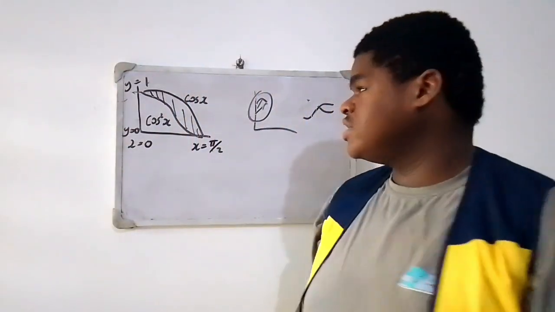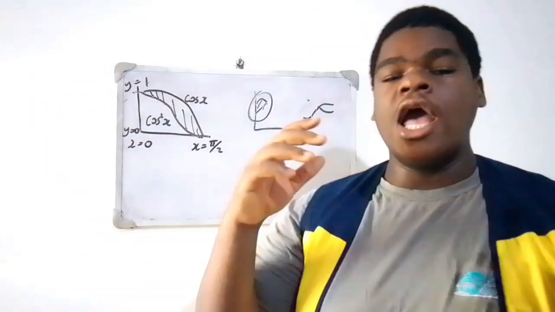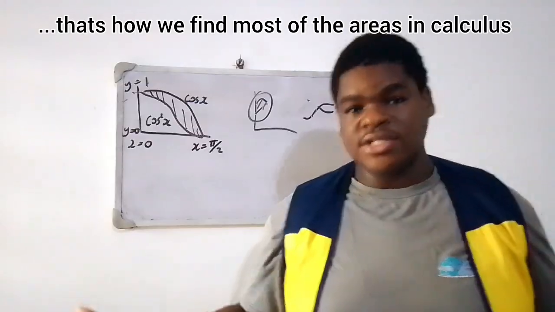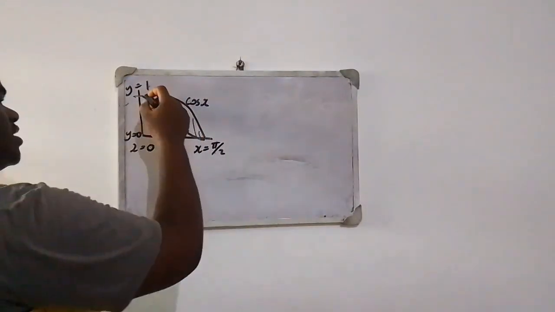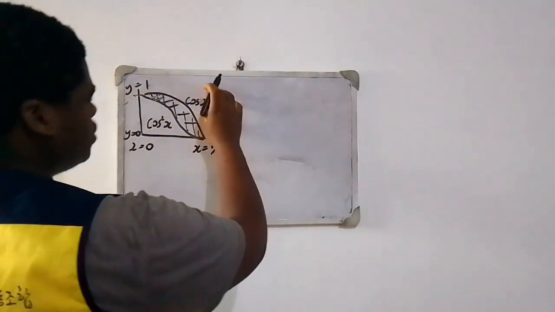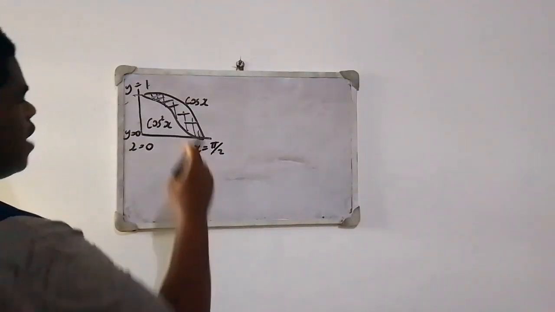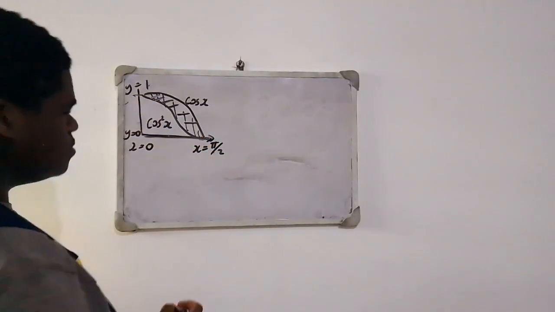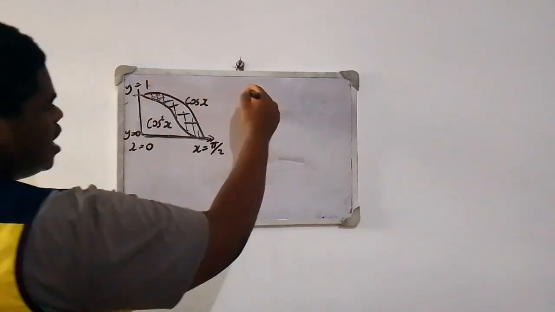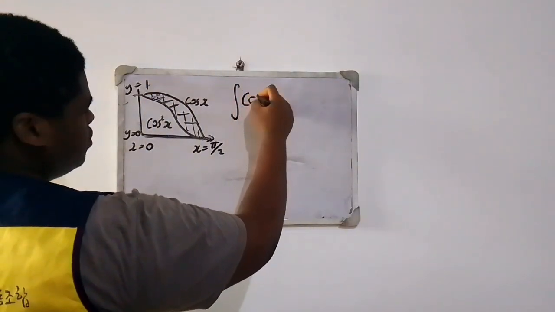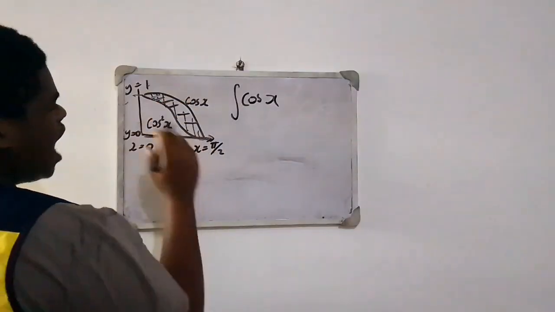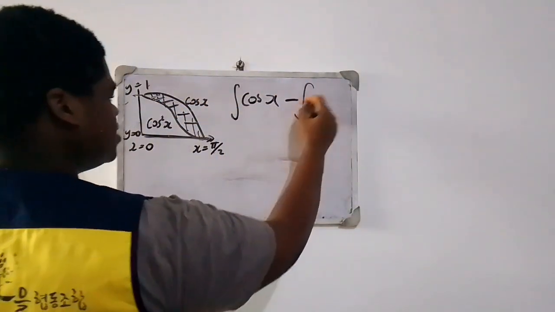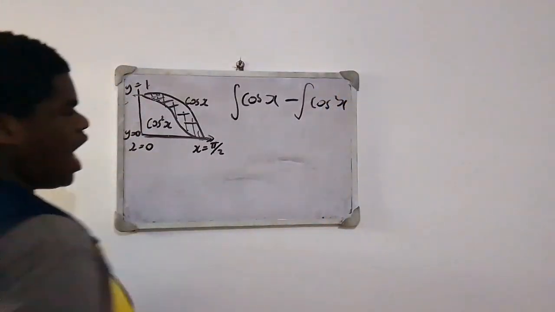The second part of what we need is to set up a definite integral, which is how we find most areas in calculus. If you find the definite integral of cos x, you are basically finding the area under the graph of cos x to the x-axis. I want to find the area between cos x and cos squared x, so you subtract the definite integral of cos squared x. Do you understand what I'm saying?